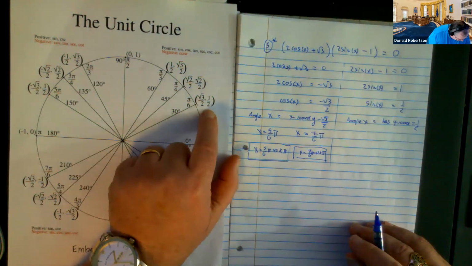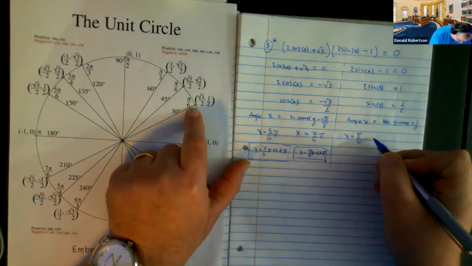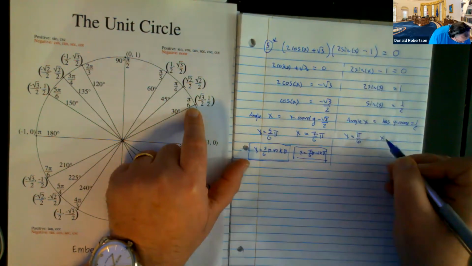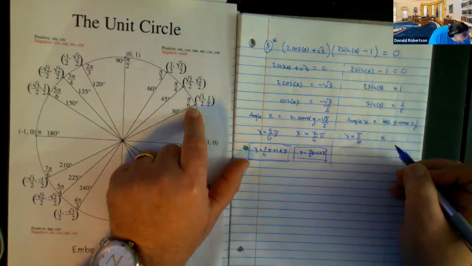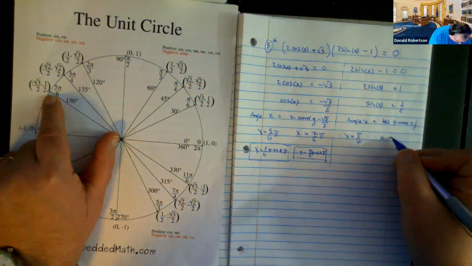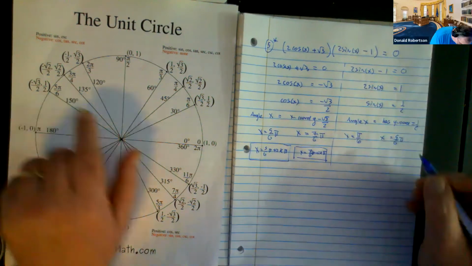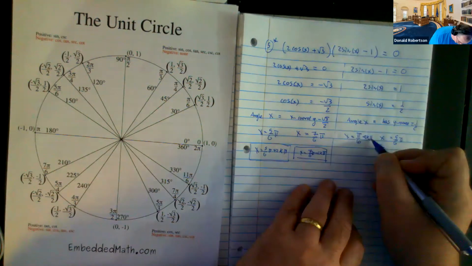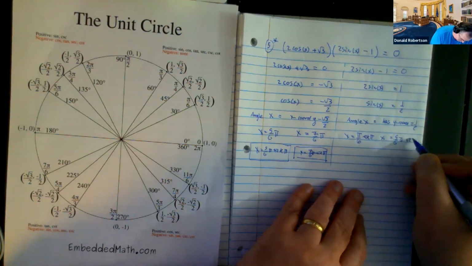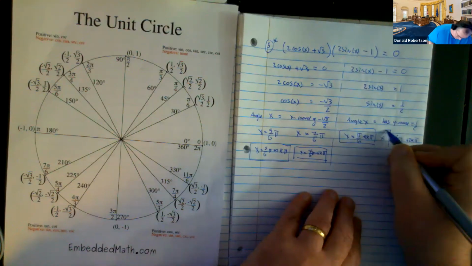Well, pi upon 6 does. And the other possibility is this guy, who is 5/6 pi. And then if we just add on multiples of 2 pi, here are our 4 answers.